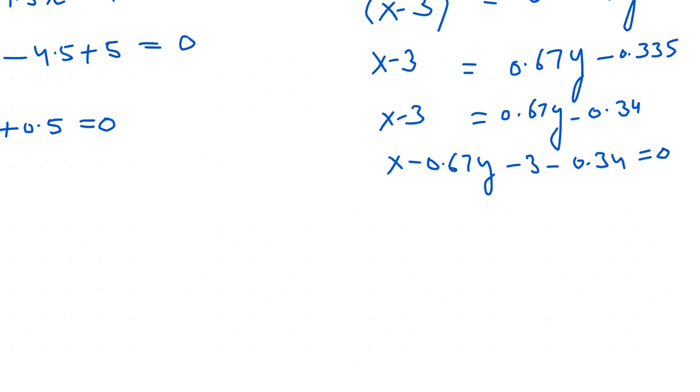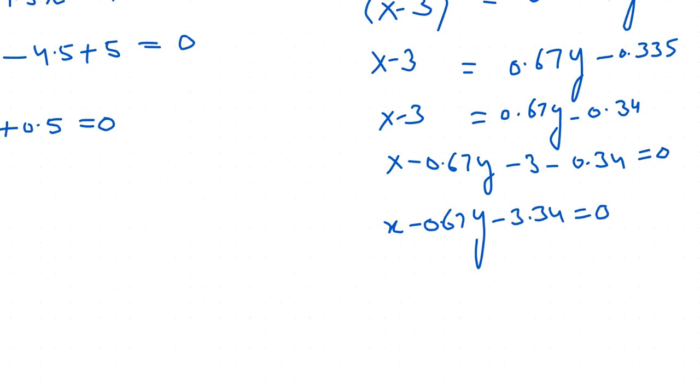X minus 0.67 Y minus 3.34 is equal to 0. These are the required equations. You got?